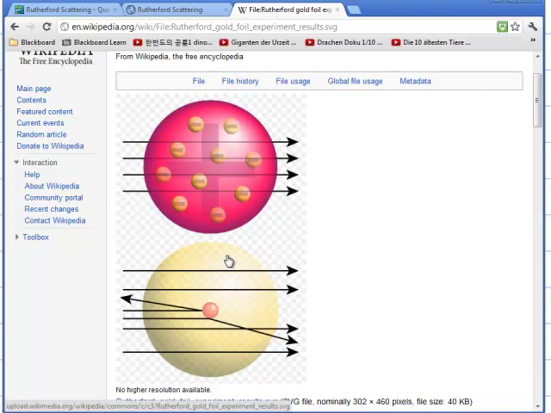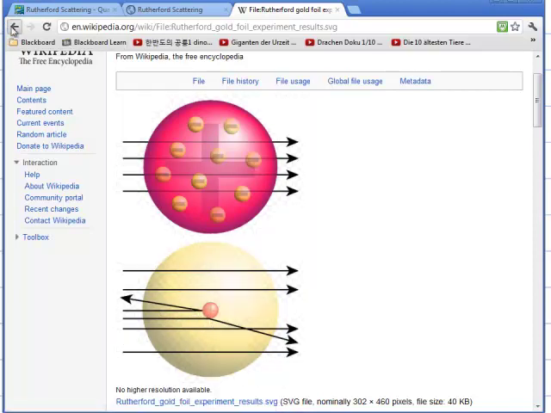But what really happens is that the nucleus with the positive charges is here and the electrons are around it. Sure, the incoming alpha particle, the helium nucleus, does feel the electron charges, but once it's inside the atom, it only sees the nucleus, and it may be deflected like this, or it may be shot back.